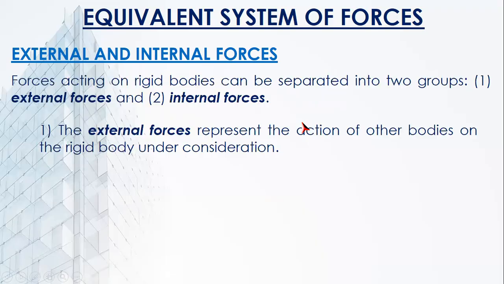The external forces represent the action of other bodies on the rigid body under consideration. So you consider one body, and all the forces connected to it, acting on it, are external forces. Applied loads are external. Reaction supports are external, because the support is not part of the rigid body.